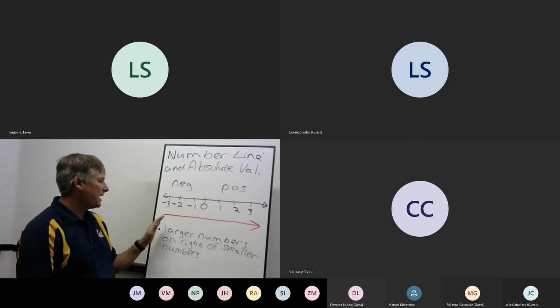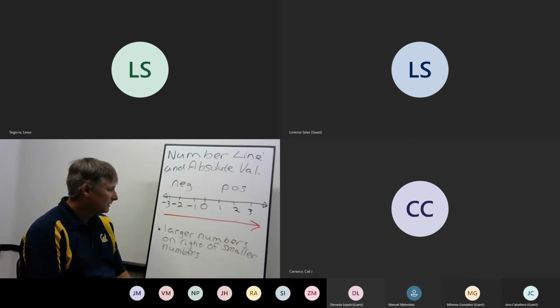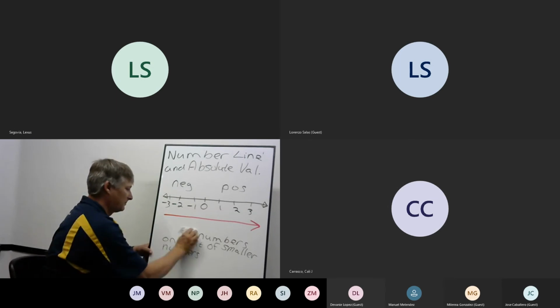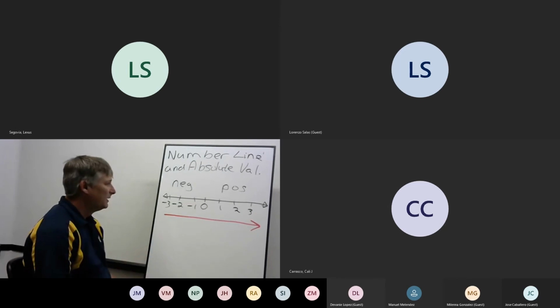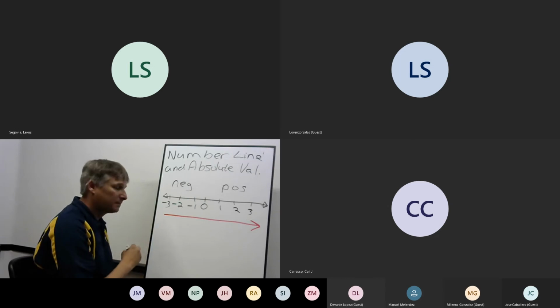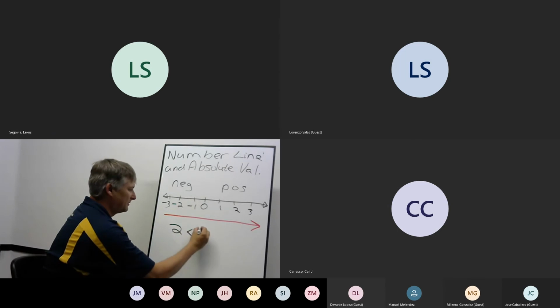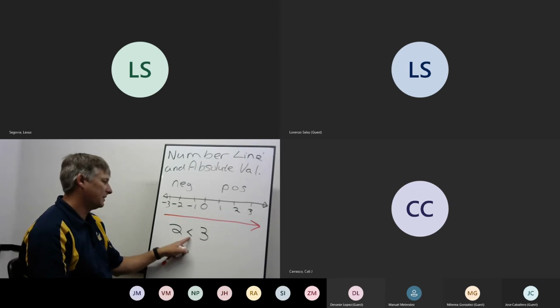So that means as you go from left to right, you're always getting bigger. Now this can give you some interesting results, and sometimes some curious results. So that means 3 is bigger than 2. Now, the way we express that is we say 2 is less than 3. This is a less than sign.